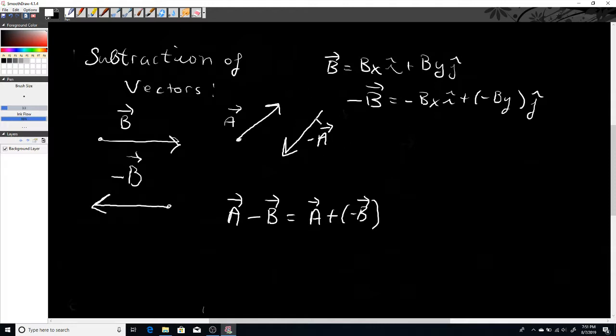The only thing that's different is that it's running along the opposite direction. It would have the same angle from a horizontal. It would be the same exact angle on both of these. The only difference is the way that it's running. Maybe in this case it would be running northeast, and in this case it would be going southwest.